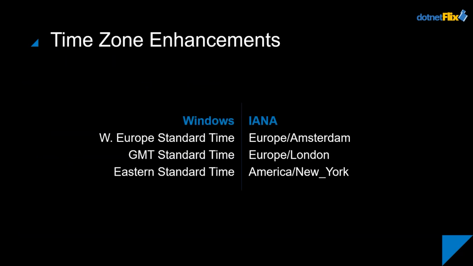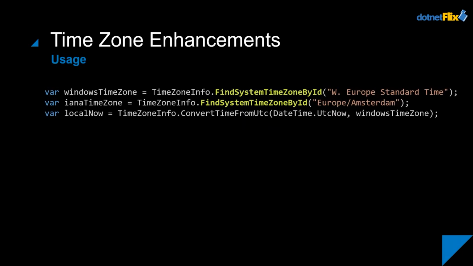.NET has always had support for Windows time zones, and now with .NET 6 they have also added support for the IANA time zones, and they just extended the already existing methods which are in .NET to, for example, find a time zone by an ID.